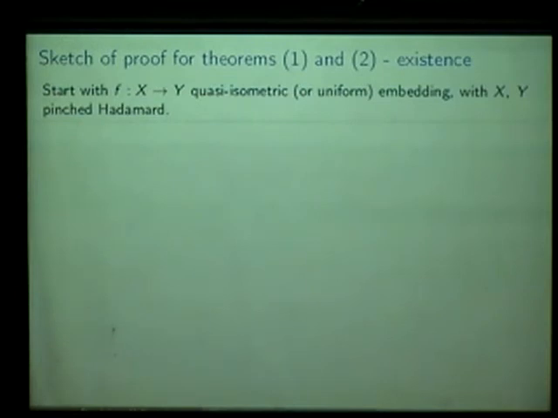I recall that we start with a, say, quasi-isometric, to make things easier, map from X to Y, where X and Y are both pinched Hadamard manifolds. This map F has a boundary value at infinity, and we want to find a harmonic map which has the same boundary value.